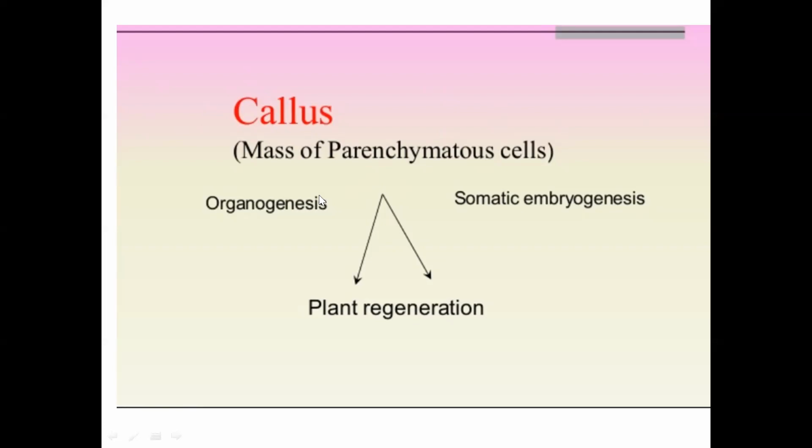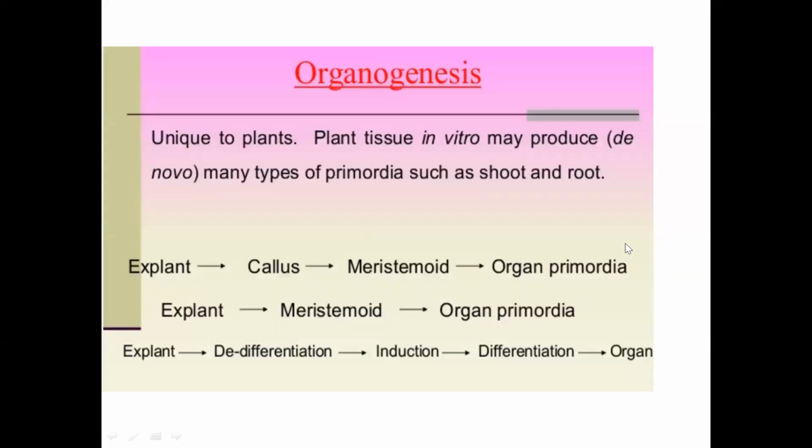They go in for the 2 main phases of micropropagation, organogenesis and somatic embryogenesis. These 2, once completed, go in for plant regeneration. So this is the basis for micropropagation. Callus is the first step in micropropagation.